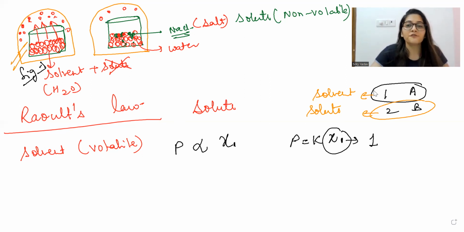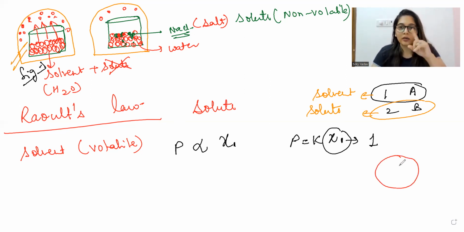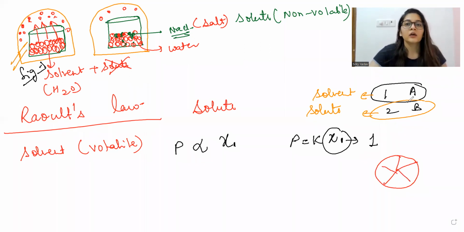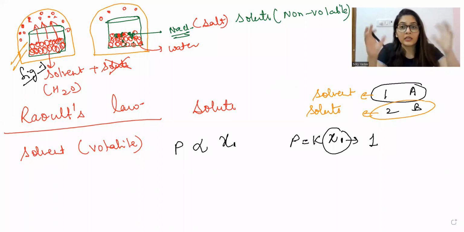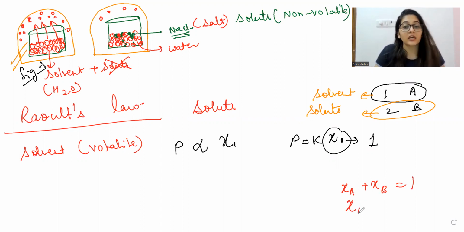Why? Because a fraction is always, let's say if I'm having a pizza, so this is one piece, and from there I can cut the slices. In the same way, there is this mole fraction out of 1. Now because I've not added any solute to this, you can write x of A plus x of B will be equal to 1. I always say this as x.